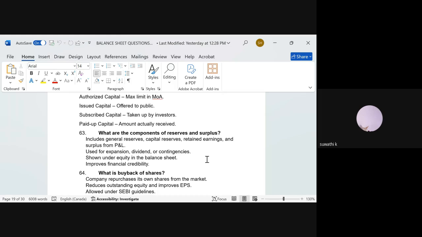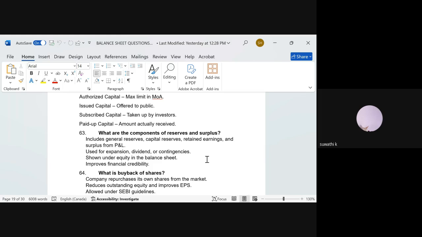It includes general reserves, capital reserves, retained earnings, and surplus from profit and loss. Used for expansion, dividend, or contingencies. Shown under equity in the balance sheet. Improves financial credibility. Please read this again, it is a very odd question. What are the components of reserves and surplus? It includes general reserves, capital reserves, retained earnings, and surplus from profit and loss. Used for expansion, dividend, or contingencies. Shown under equity in the balance sheet.